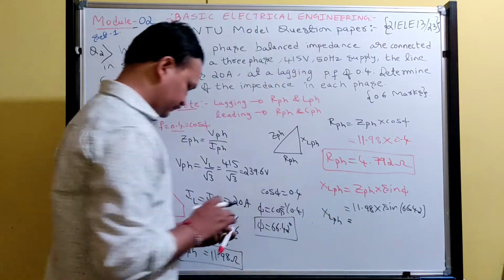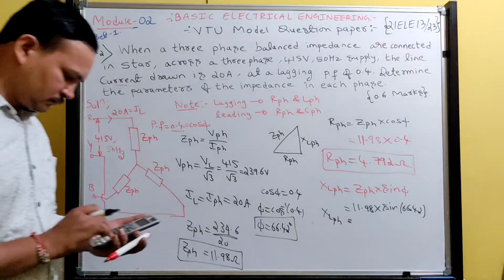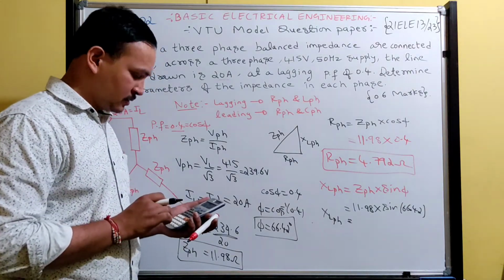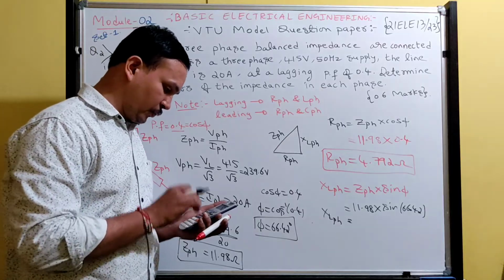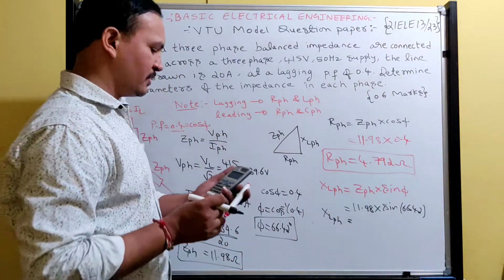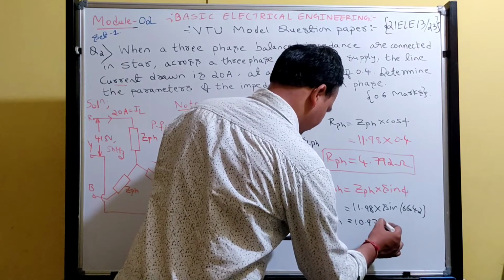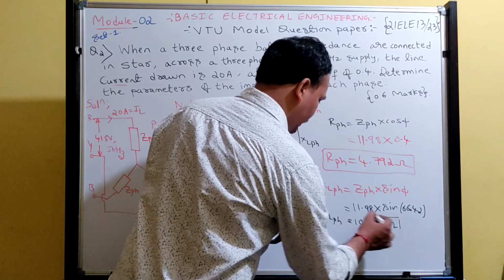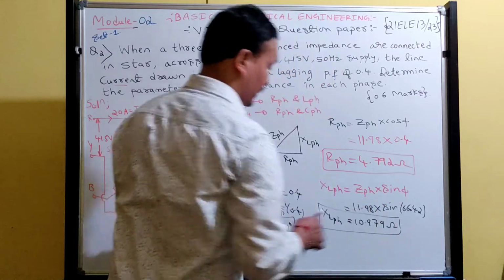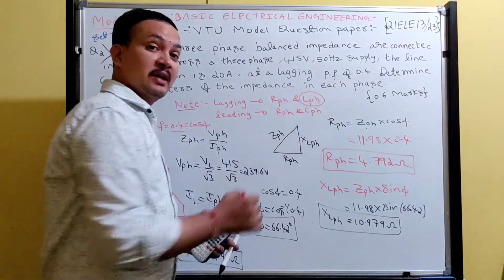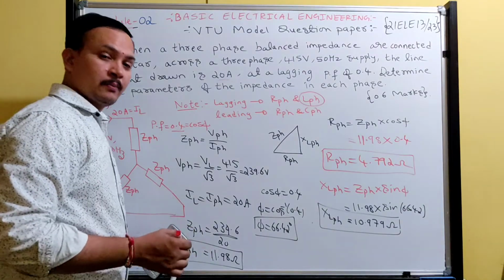How much do we get? 11.98 into sine 66.42, getting 10.979 ohms. What is this? Inductive reactance. What do I need to find? Inductance per phase. Okay, inductance per phase.